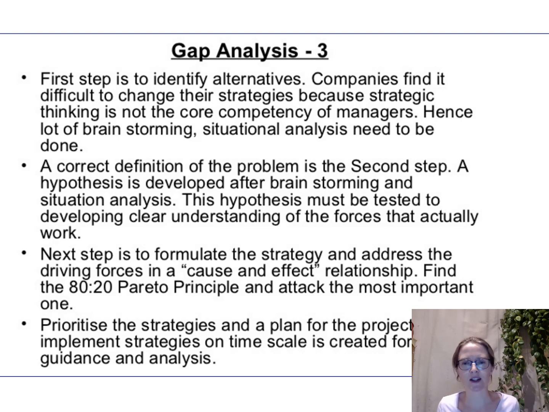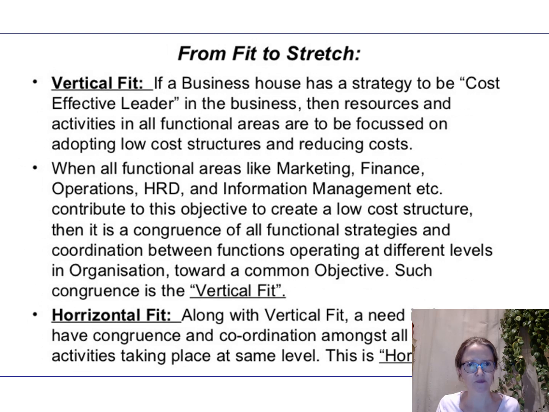And this hypothesis must be tested to develop clear understanding of the forces that actually work. Then we need to formulate the strategy and address the driving forces in a cause and effect relationship, finding the 80-20 Pareto principle and attacking the most important one, and then prioritising the strengths and a plan for the projects to implement strategies on a timescale, which will be created for future guidance and analysis.